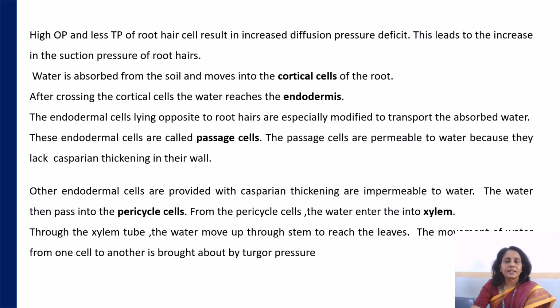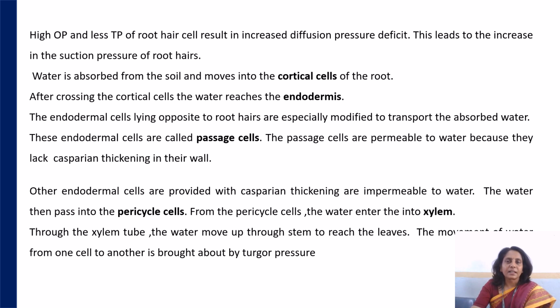The passage cells are permeable to water because they lack Casparian strips. The other endodermal cells are provided with the Casparian thickenings which make them impermeable to water. The water from the passage cells moves into the pericycle.